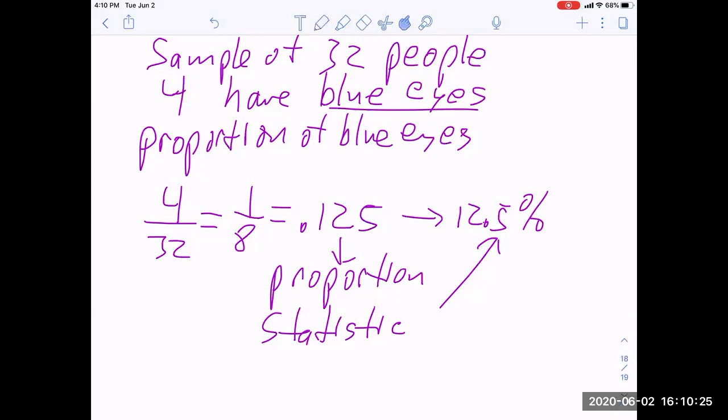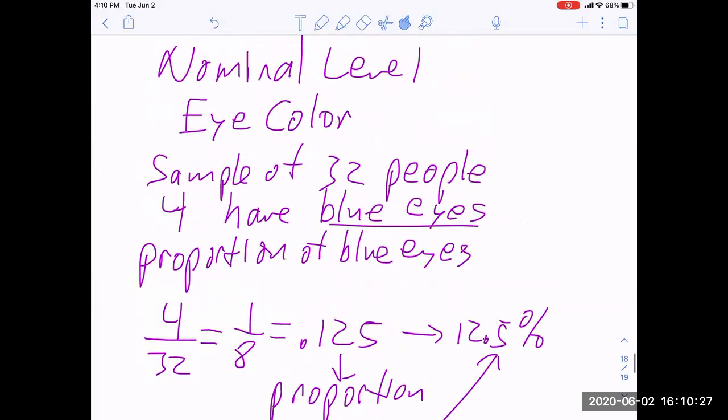What was the characteristic? Eye color. What's the numerical measurement? Proportion of people with blue eyes. That's it.